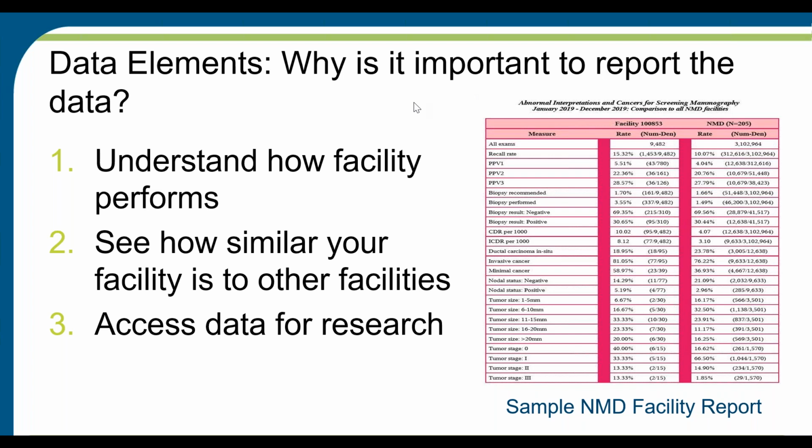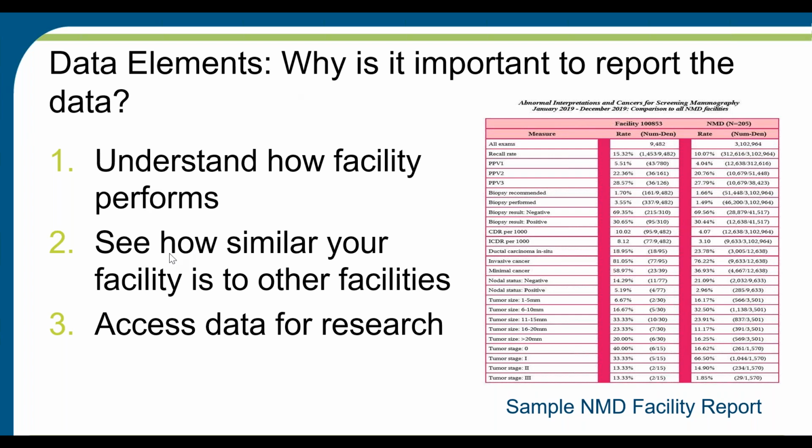So the data elements are key. If we don't send in the right data, we're not going to get the right information. This is one of the standard reports that you can download from the website for yourself.